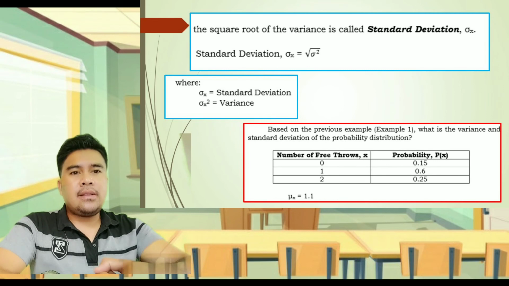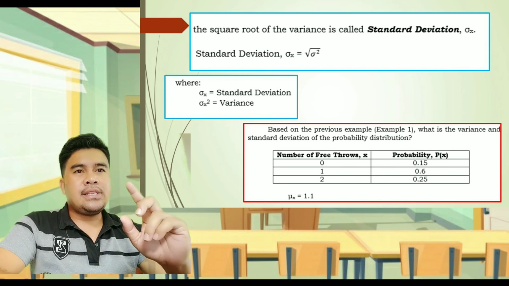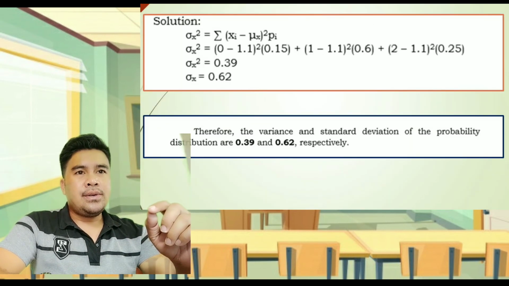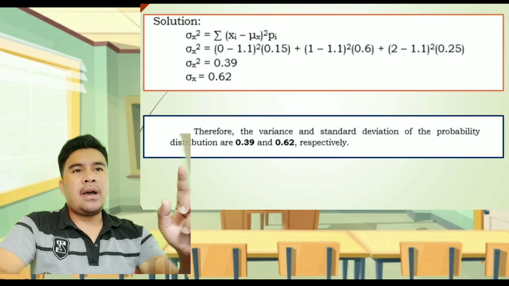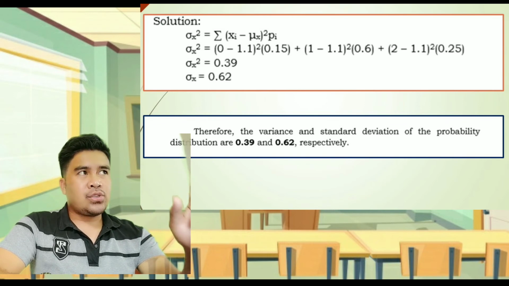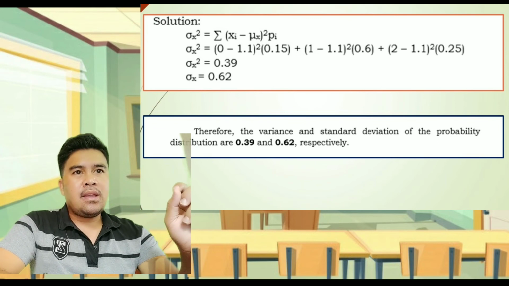Okay, how are we going to get the variance? We have the formula: summation of x sub i minus mu sub x, squared, times p sub i. Just substitute.